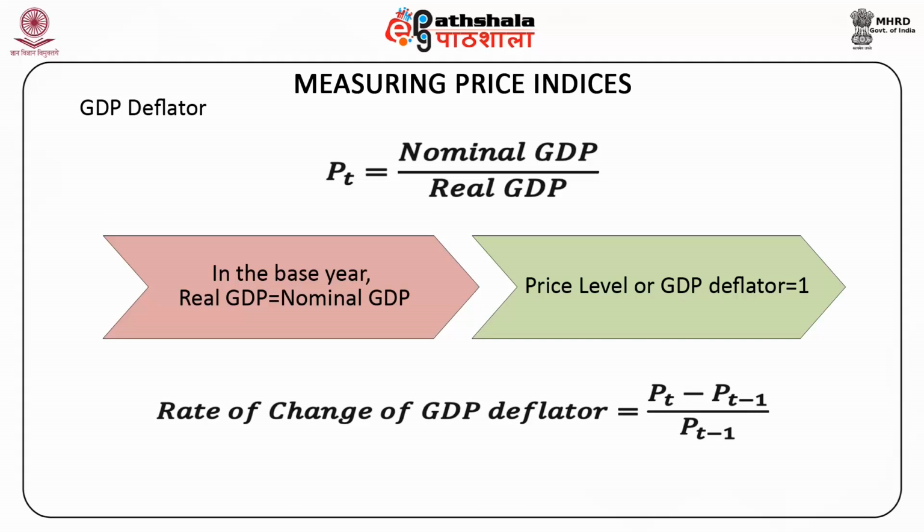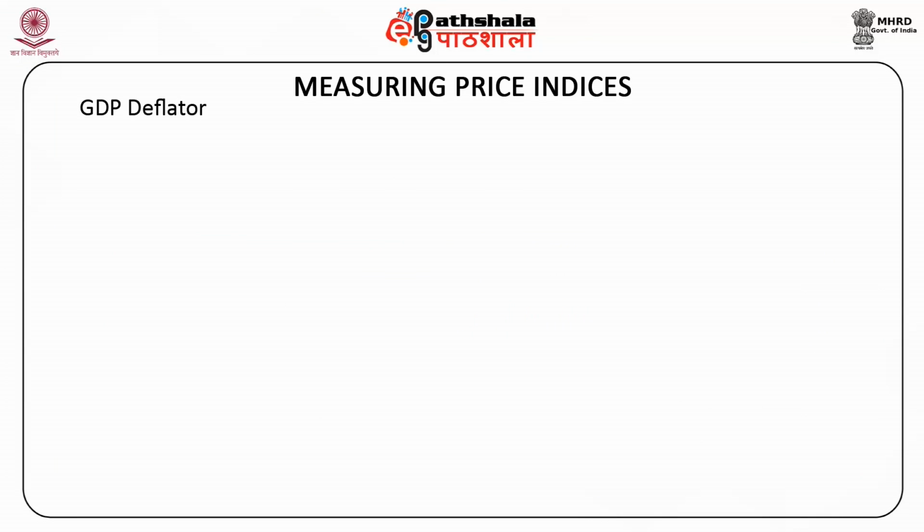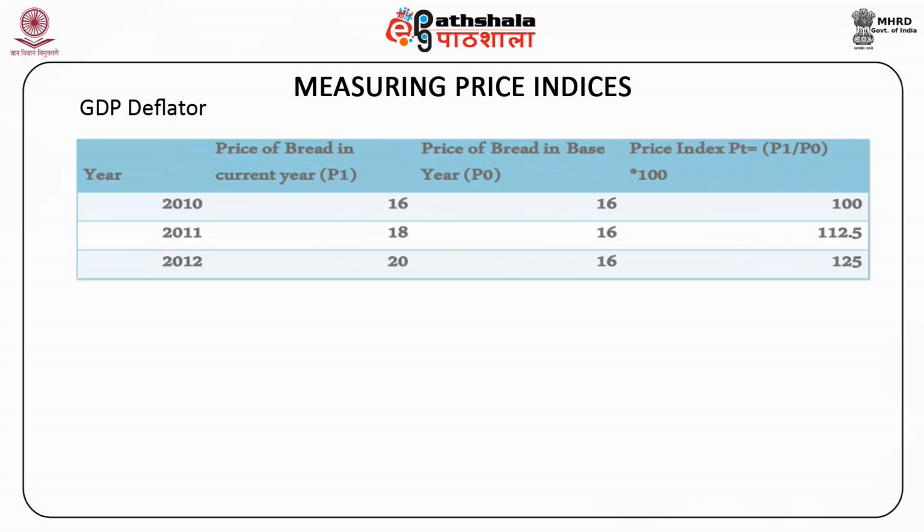The rate of change in GDP deflator is calculated as P_t minus P_t-1 divided by P_t-1. This is used to measure the general level of price rise over time, that is, the rate of inflation. Let us now understand how the GDP deflator is computed with the help of an example.